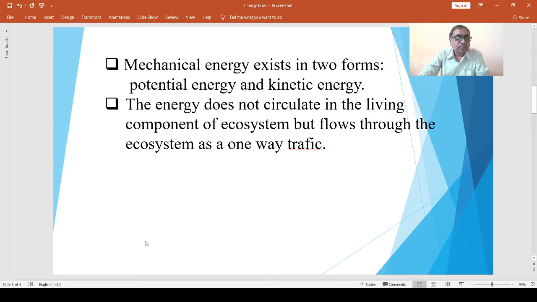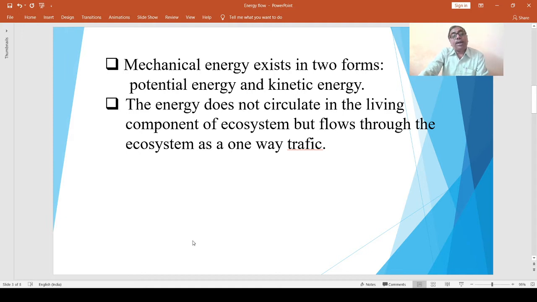According to the first law of thermodynamics, energy can neither be created nor destroyed, but it can be transformed from one form to another. For example, electric energy can be converted into mechanical energy, light energy into food energy.